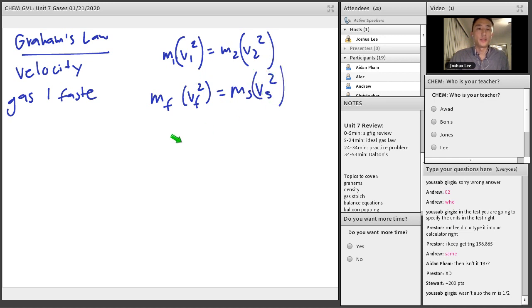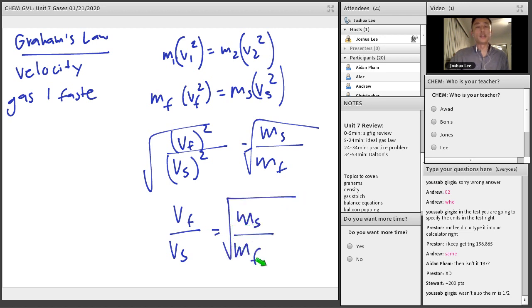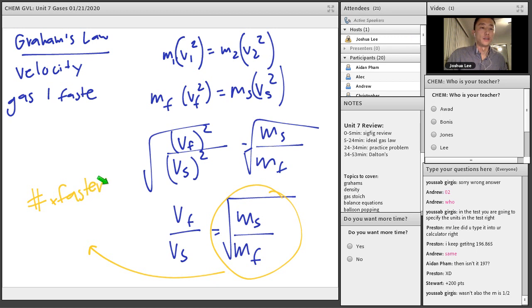Then a little bit of math. This becomes v fast squared over v slow squared equals m slow over m fast. Then square root, square root. So this is the other version of Graham's law where after you find this number, that number is how many times faster gas fast is.